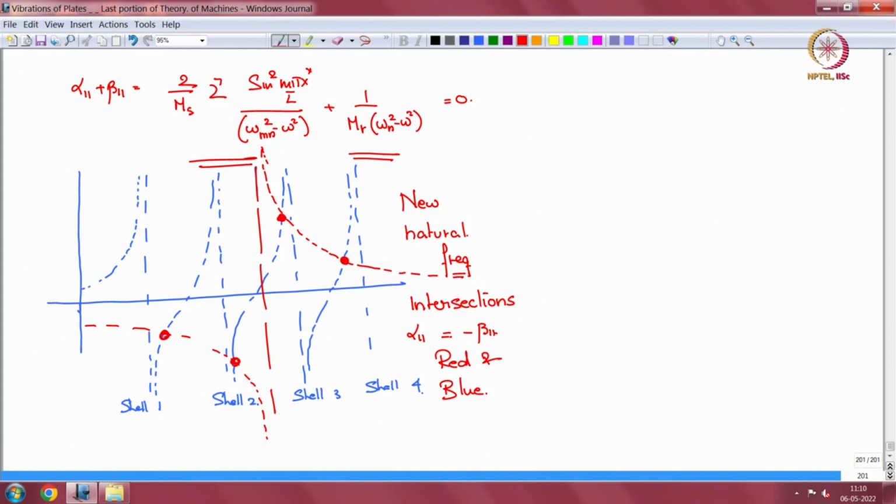Now you can see the stiffening effect, the effect of the ring.